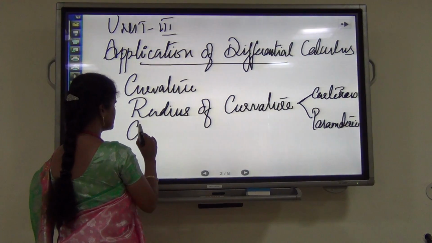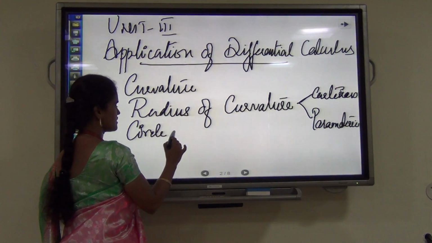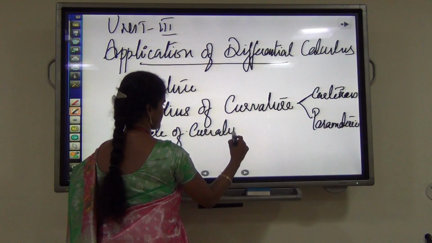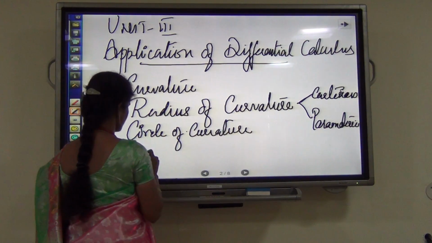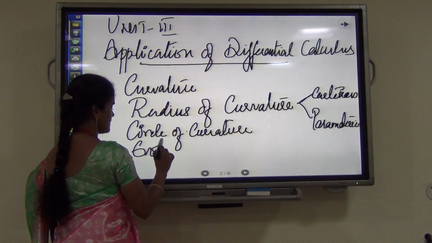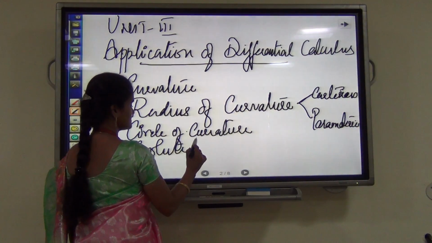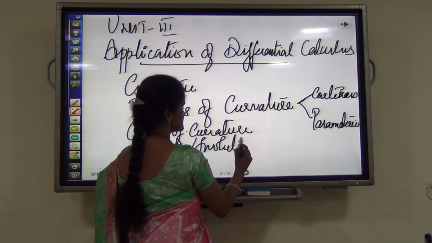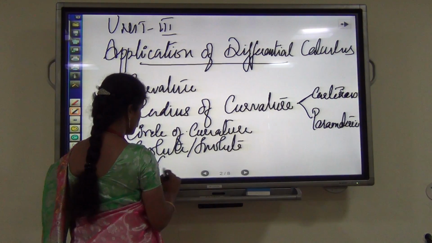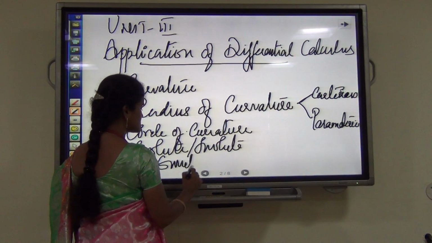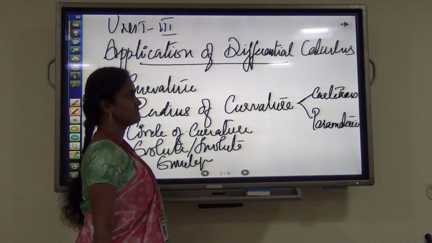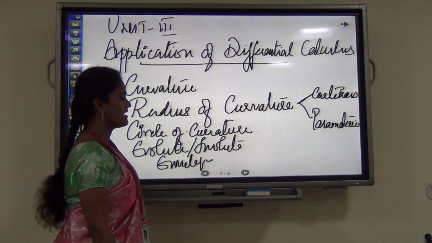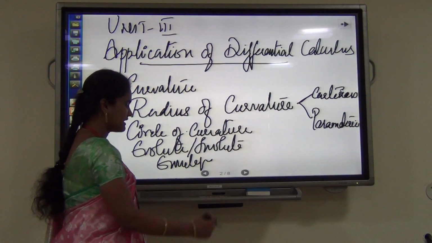And circle of curvature. Then evolute, involute, and then envelopes. The last topic will be envelopes. So this is the order we are going to follow in Unit 3: curvature, radius, circle of curvature, evolute, involute, and envelopes.